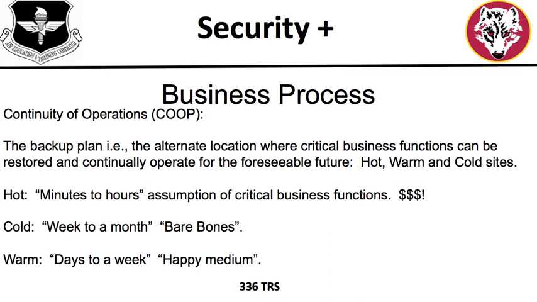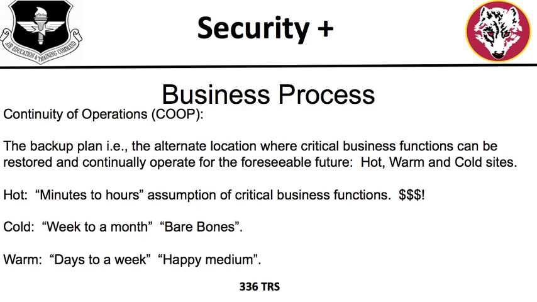So we look at continuity of operations. We look at backup sites. Now, as you can see, we basically have three flavors of this. And you can think back to the story of the three bears. I won't torture you with that, but essentially a hot site, minutes to hours. That's the main thing to remember for the evaluation, i.e. your 501 exam.